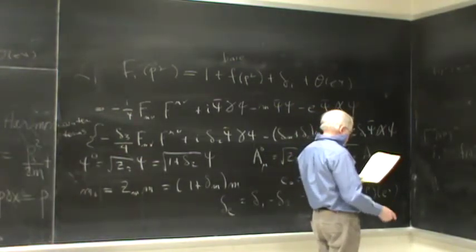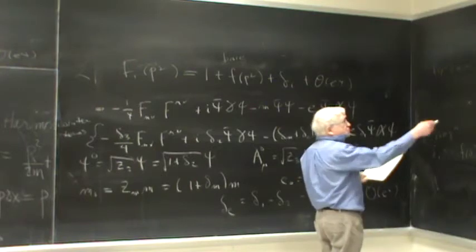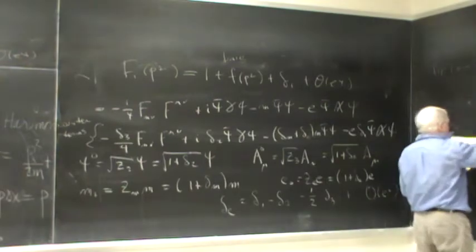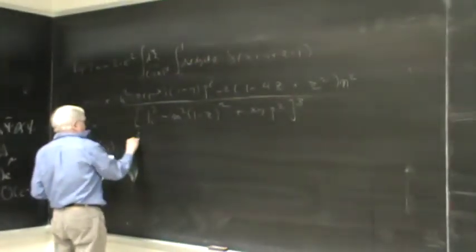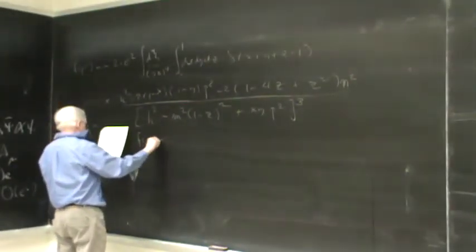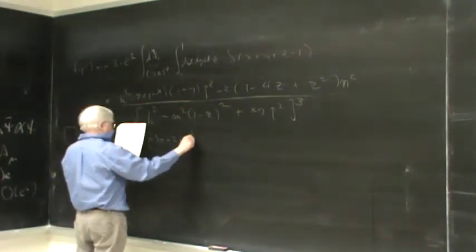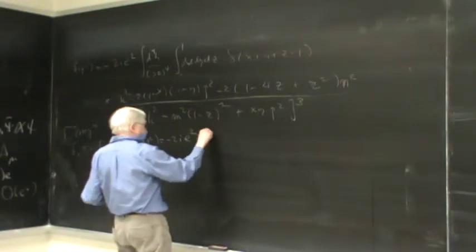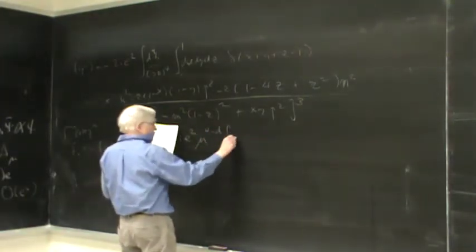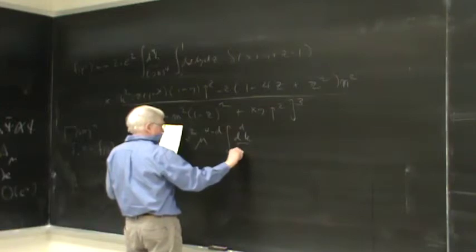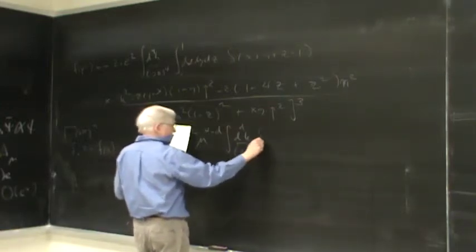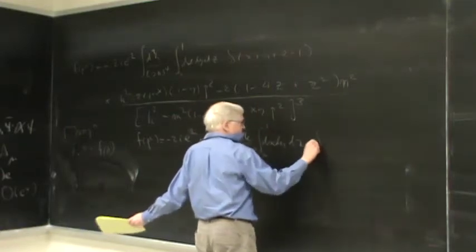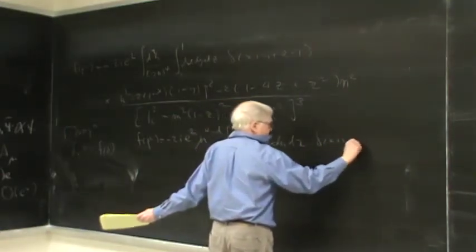All right. Now, if we do this integral in dimensional regularization, we then have F of p squared is minus 2i e squared mu to the 4 minus d, integral d^d k over 2 pi to the 4th, integral dx dy dz from 0 to 1, delta of x plus y plus z minus 1.